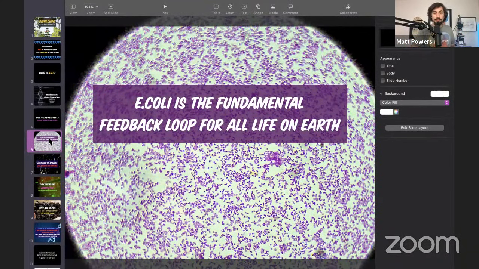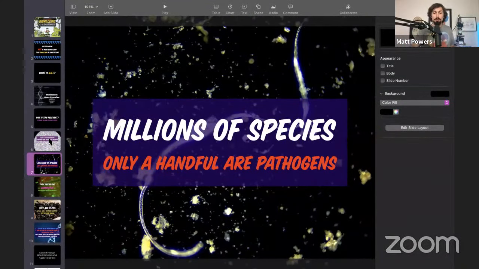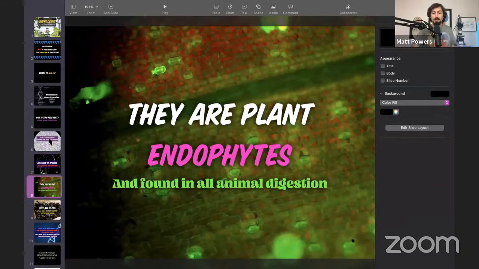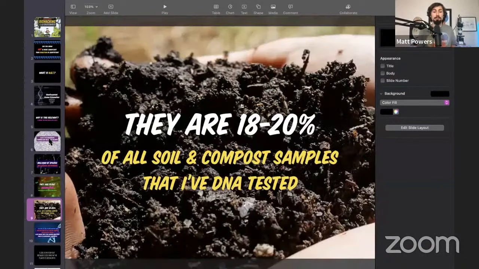So what does that mean for us? Well, there's millions of species, only a handful are pathogens. They are plant endophytes. They're found in all animal digestion. They are 18 to 20% of all the compost and soil samples that I've DNA tested, but those are specifically mostly healthy samples. I have examples in the literature where it's about 40%, about 50%, and that's the thing.